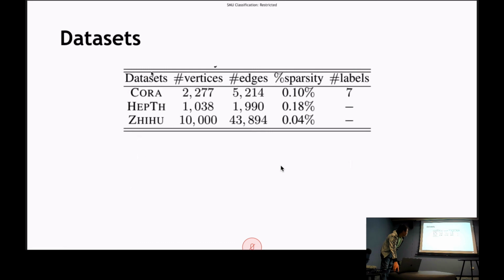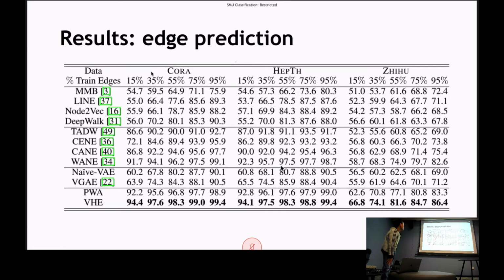So here's some data on the dataset, and here's the result on edge prediction. Right here you can see this is the version of the paper that is trained so that it only performs based on link prediction.